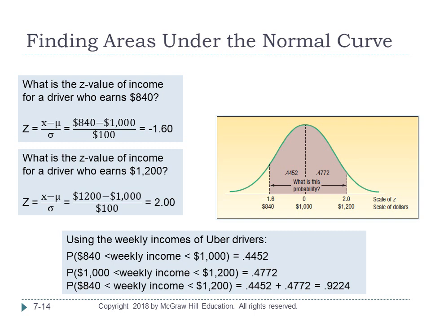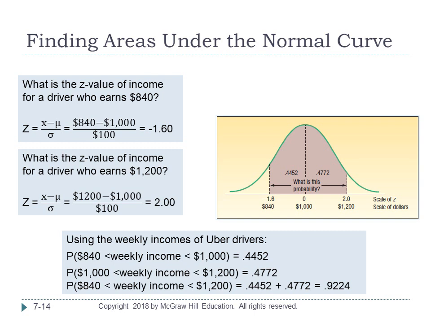Then the first area, the probability that the income is between 840 and 1000, this is the area to the left of 0. It's equal to 0.4452. The area to the right is the probability that the income is between 1000 and 1200.